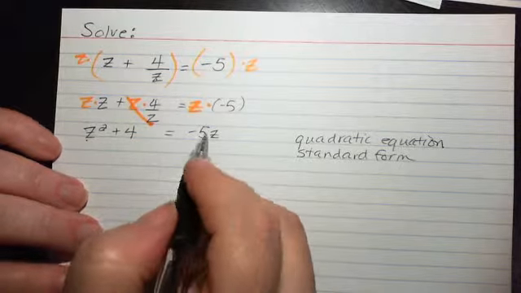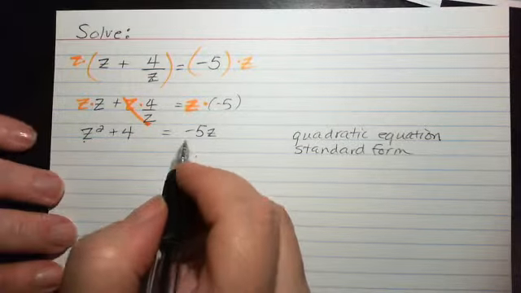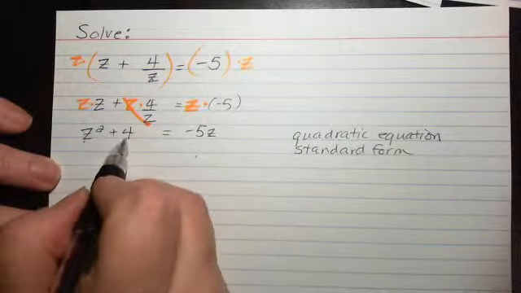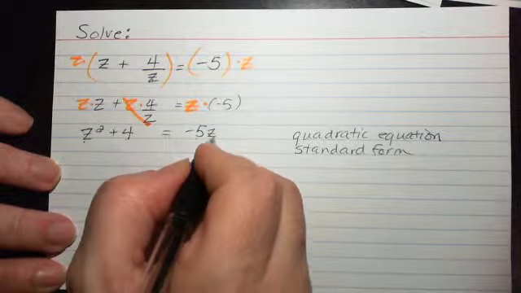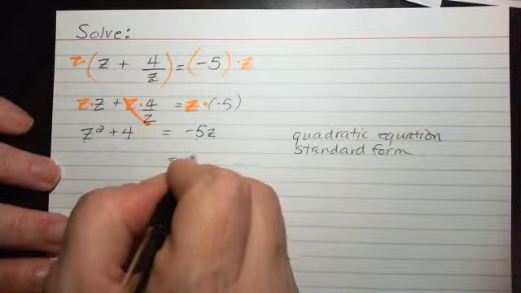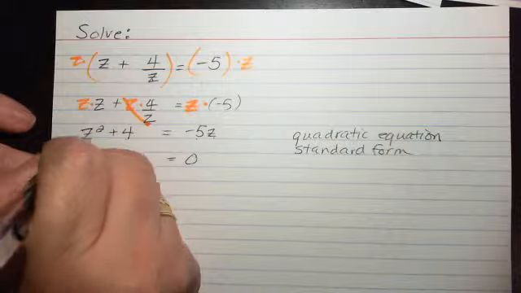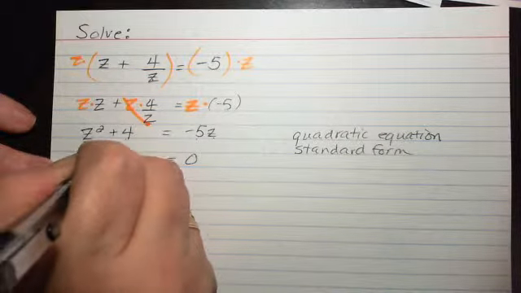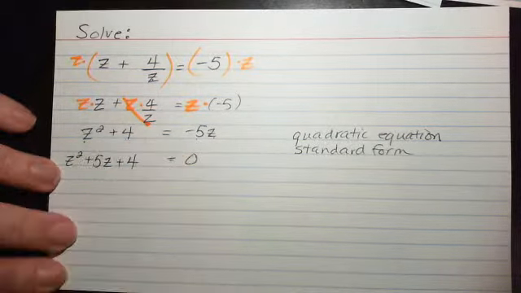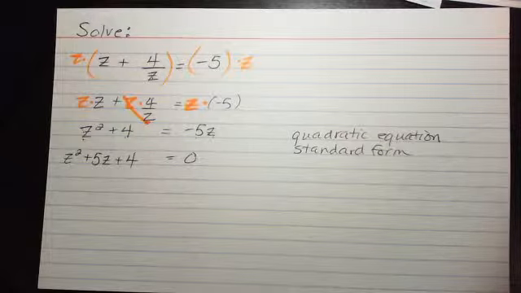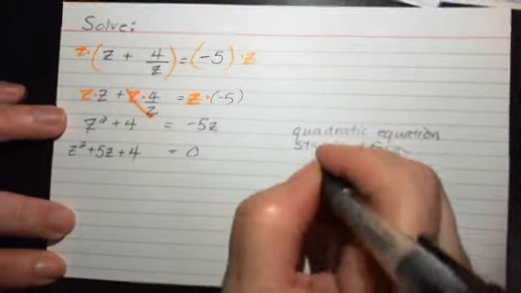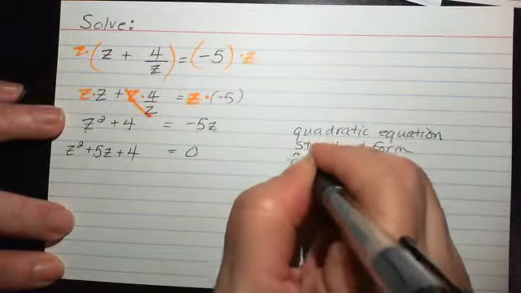Standard form means we need a 0 on one side, descending order on the other. So z squared plus 4, we need to add 5z to both sides to 0 out this side. So that would be z squared plus 5z plus 4. That puts that in descending order. Now we need to factor.